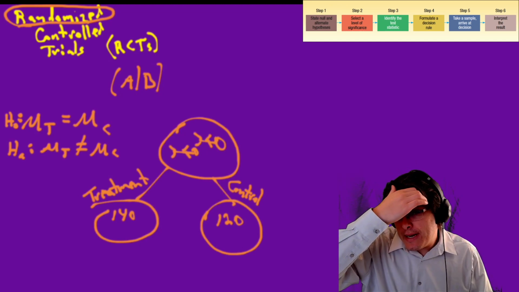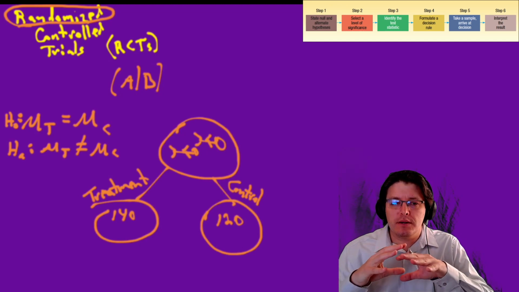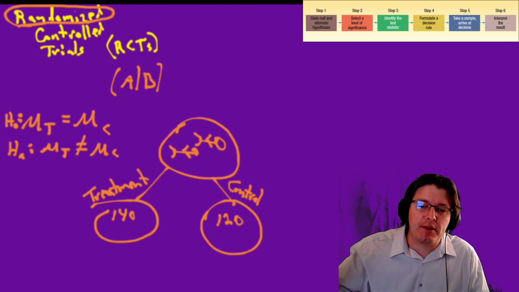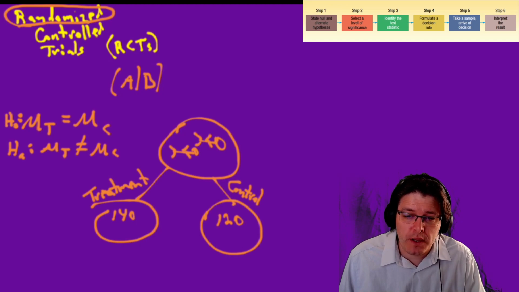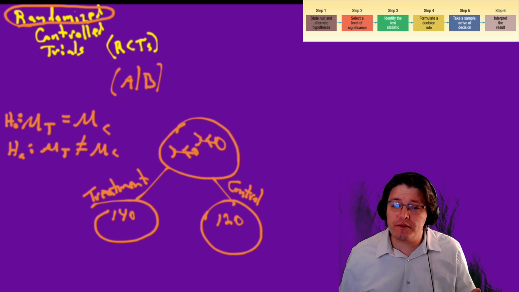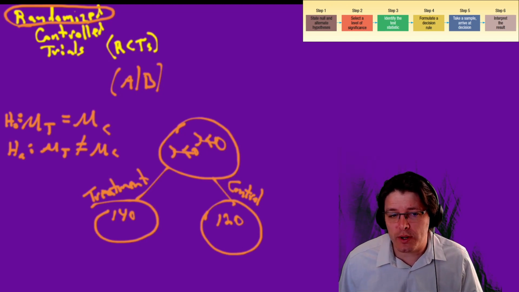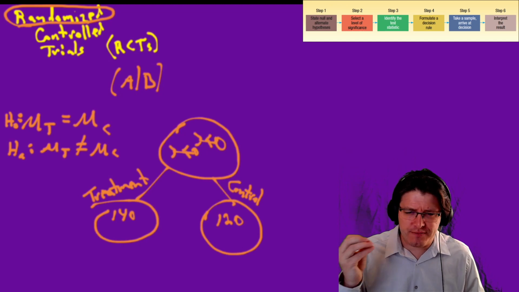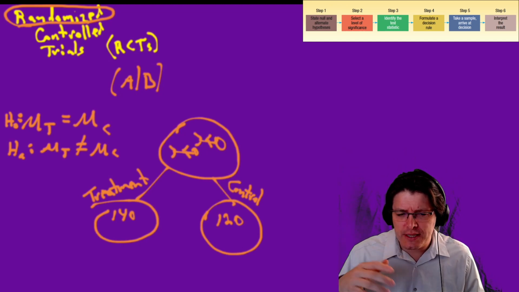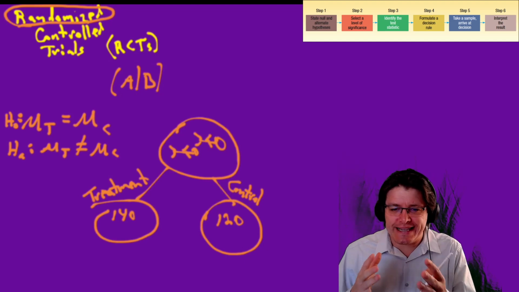And so now we have a sample. If we think about the population of all people that would be hospitalized with COVID, we now have a sample of 140 people getting this new treatment, and a sample of 120 people getting the typical treatment. Obviously with COVID, there are a lot of typical treatments, so we need to clarify exactly what that is.